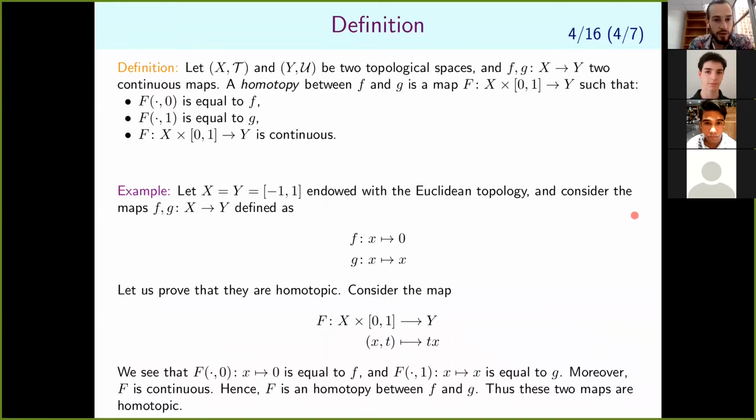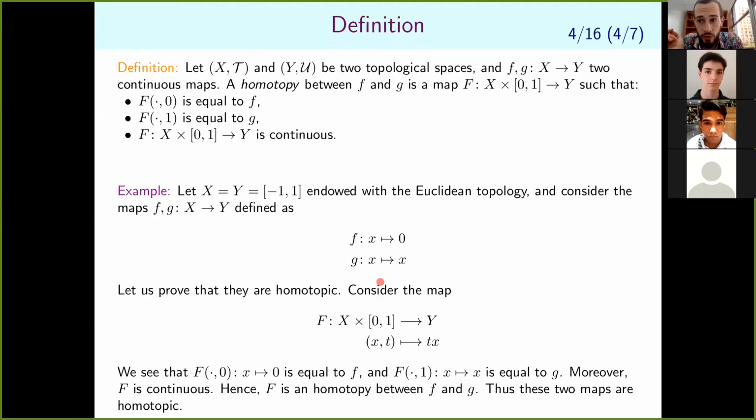Let's take a formal example. I consider as topological spaces X equal to Y equal to the interval [-1,1]. And I define the functions f and g as f the constant map equal to 0 and g the identity. I want to prove that they are homotopic.